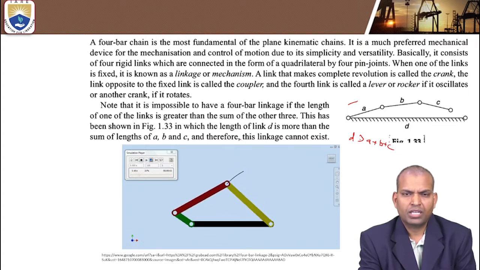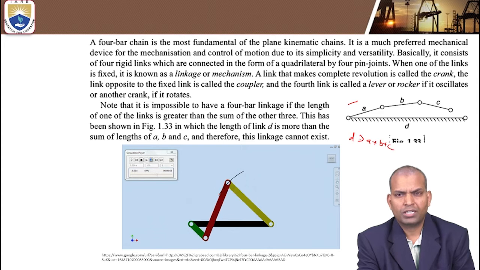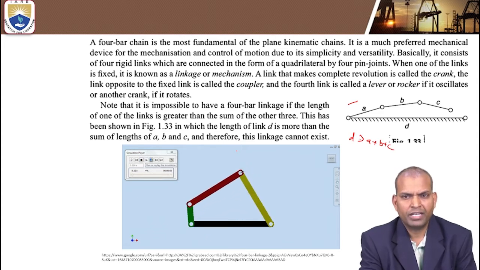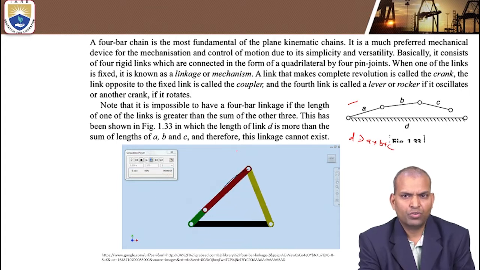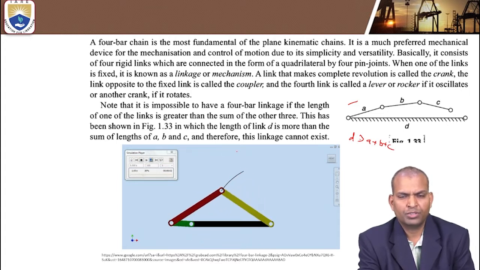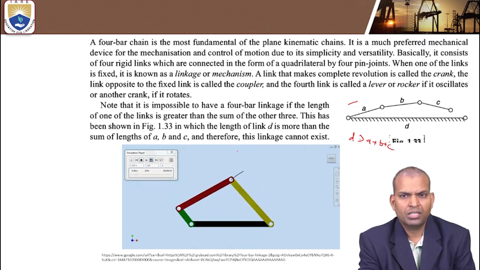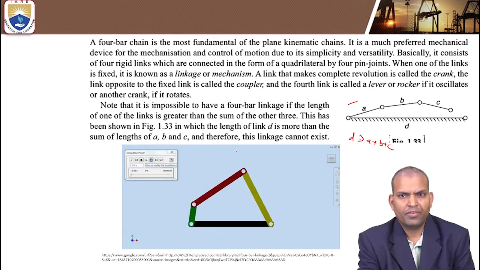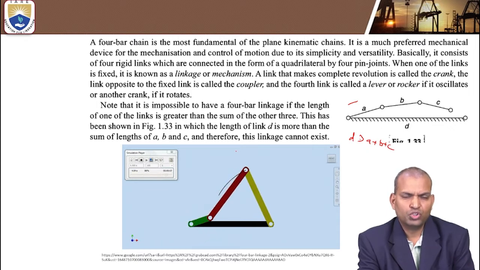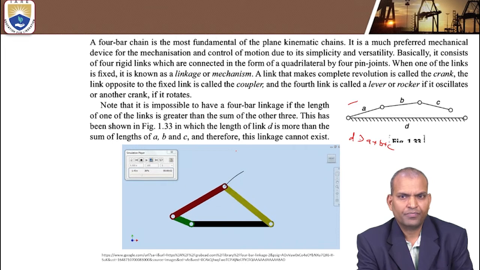So there are certain rules. If we want some transformation of motion, rotary motion to be converted to reciprocatory motion, or rotary motion again to rotary motion, or oscillatory motion to oscillatory motion, then according to what we need, we have to change the lengths of the links, and also fix different links.